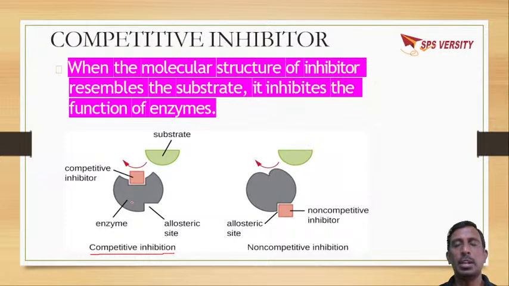At the same time, there are other inhibitors like non-competitive inhibitors. These non-competitive inhibitors do not attach to the active site. They attach to a site called the allosteric site, which is other than the active site. Due to this also the enzyme activity will decrease.